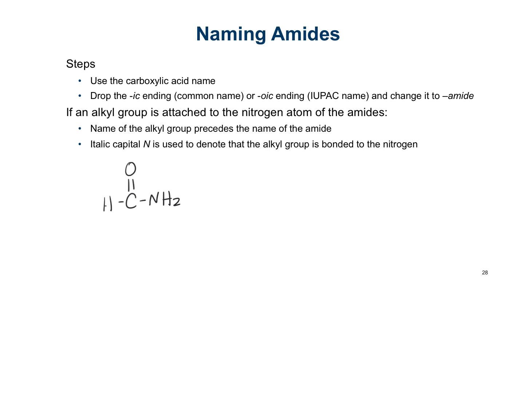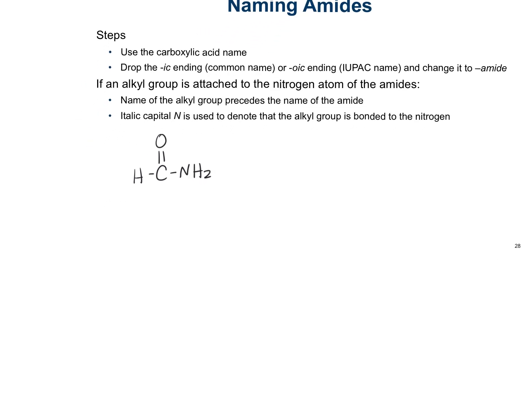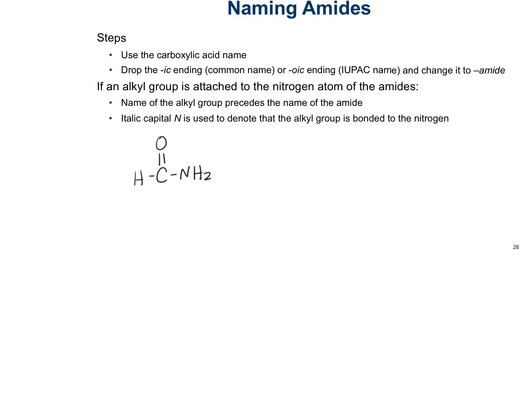amide. Okay, so when we look at this amide and we're trying to figure out what to name it, we need to think back and basically replace the NH2 with an OH. So we would say, look, if we replace that NH2 with an OH, that would give us this particular carboxylic acid, which we would name as methanoic acid.